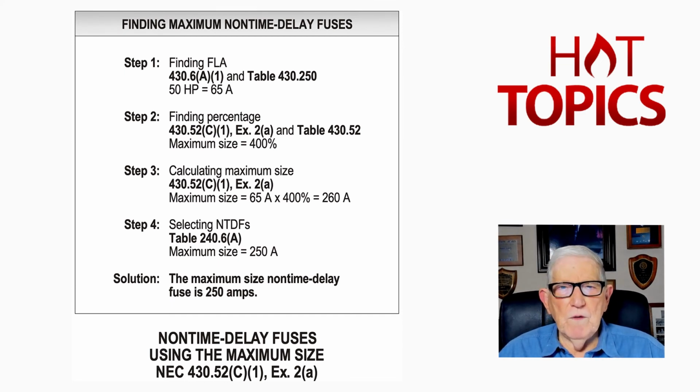And notice when we review the next illustration, step 1's the same. It's a 50 horse, 65 amp. 430.52C1 exception 2A in the 2017 code, but that's 2.1, exception 2.1 in the 2020, and table 430.52 remains the same, and that exception 2.1 would let you go up to 400%.